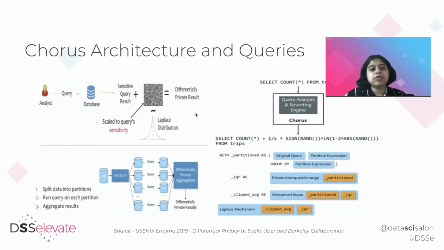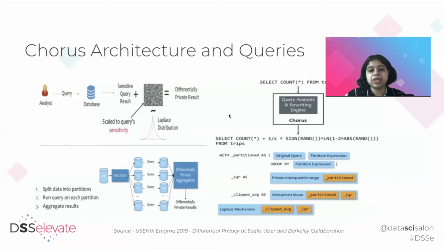Similarly, from the perspective of an analyst, when he submits the query on the database, the query itself is randomized with Laplacian noise with a fixed sensitivity to yield a differentially private result. And here we will see that there are automatic selection rules, and there is no need for any programmer or query analyst who is executing the search operations to rewrite the query.